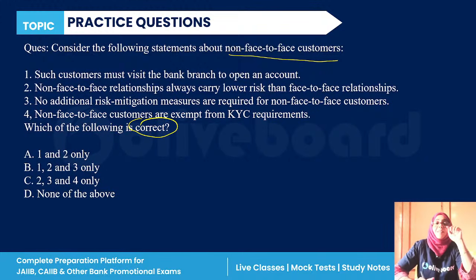Regarding the non-face-to-face customer, you have to choose the correct statement here, everyone. You can all answer this question, guys. Please start answering this question about the non-face-to-face customer.